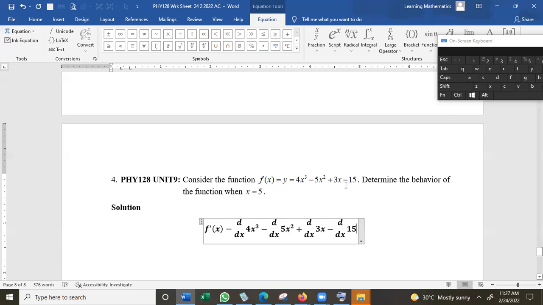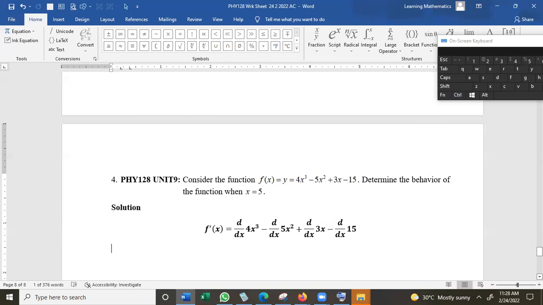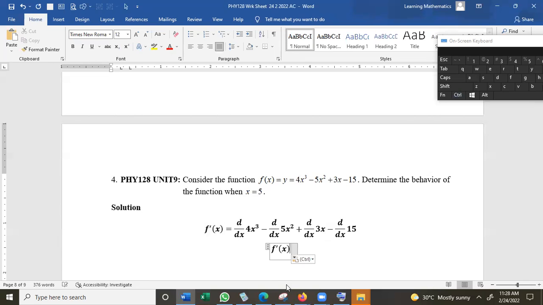You can find the differentials of each term, and that will give you the differentials of the entire function. So can somebody please tell me what is the differential of 4x cubed? It would be wise to show this working. If you don't show it, I will not really penalize you, but we would practice to show it.